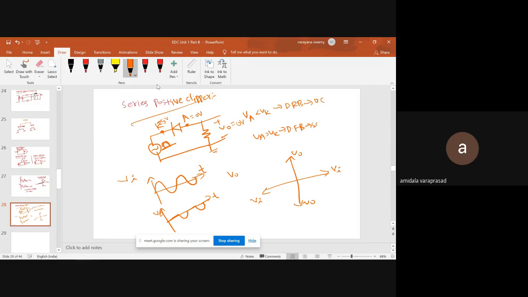Now VI positive, positive half cycle, VI is positive, we'll get 0 output, then negative.